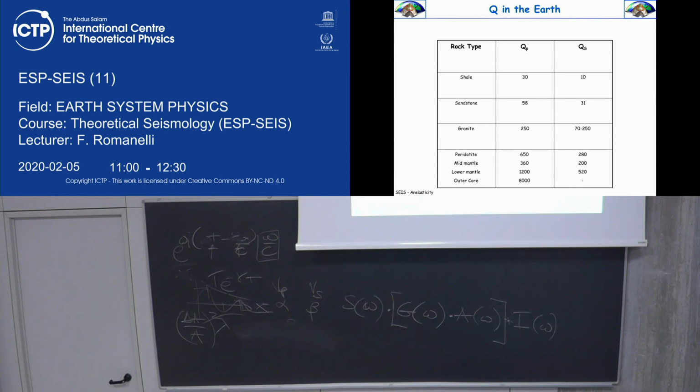What I'm trying to say is that on average, for an average rock that does not exist, QP is 9/4 QS. For example, on average, a rock is a Poissonian solid. Poissonian solid means that lambda is equal to mu. And that means that Vp is the square root of 3 times Vs. And we used it, if you remember.